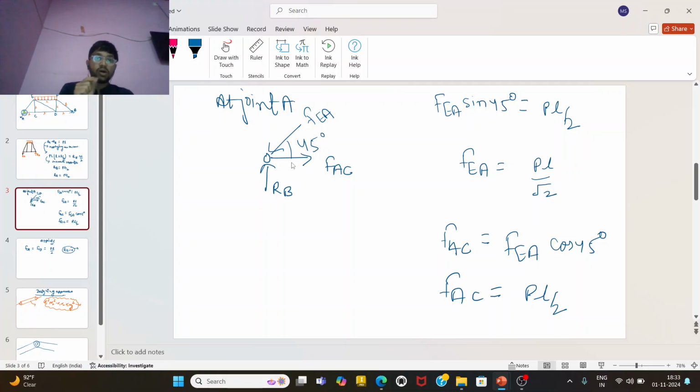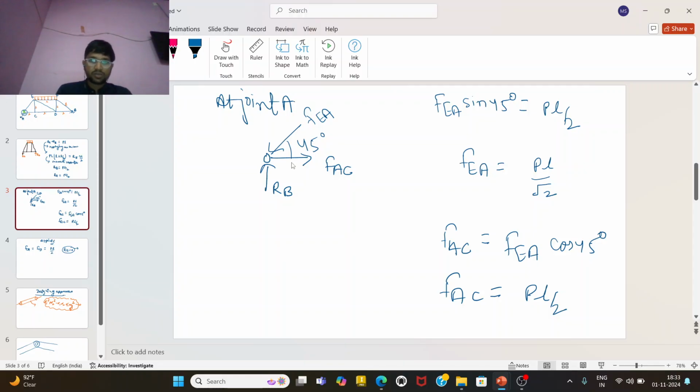All elements are 2D elements. So for equilibrium conditions of a 2D element, the forces must be in uniaxial directions. Simply apply Newton's first law on this joint: FEA sine 45 is equal to PL by 2, so FEA is equal to PL by root 2.